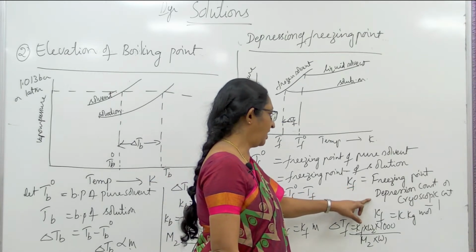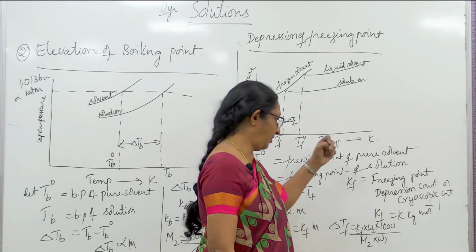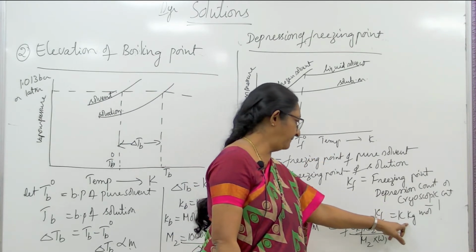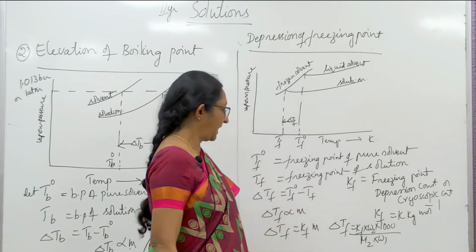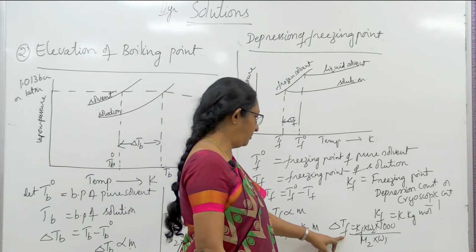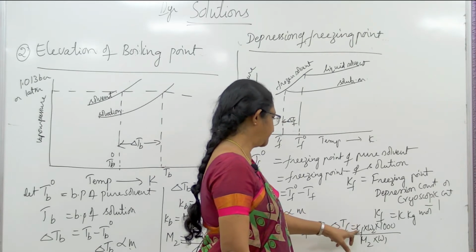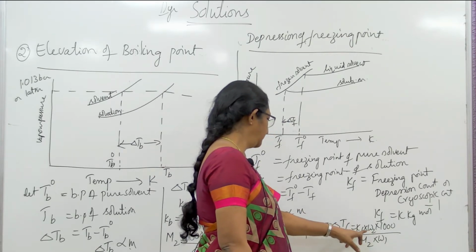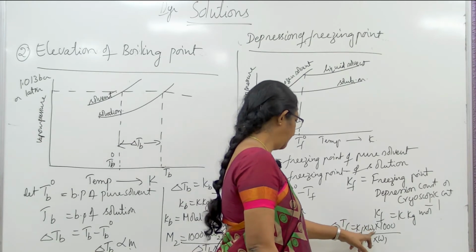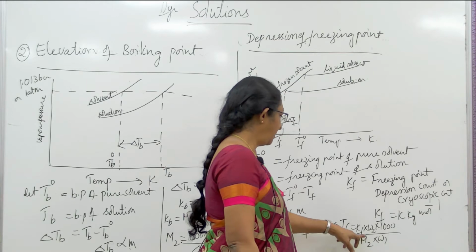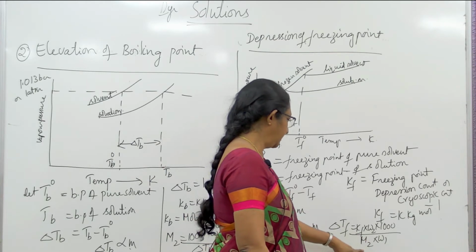So the depression of the freezing point is directly proportional to the molal solution. So delta Tf is proportional to m. So delta Tf is equal to Kf into m. m is the molality here. So Kf is the freezing point depression constant or cryoscopic constant.